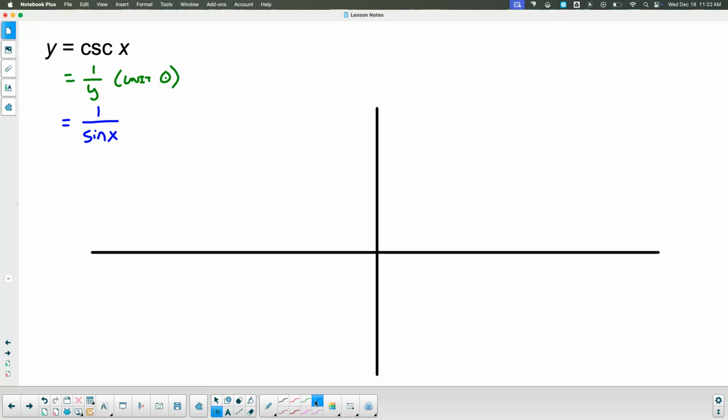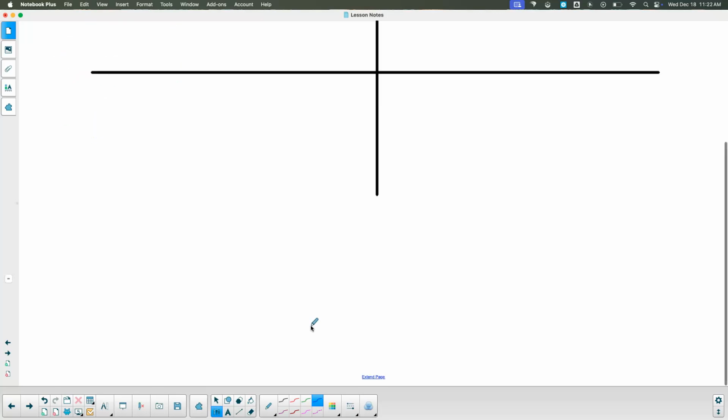Okay? Which of the easy ones do you want to start with? Unit circle one, but what values of cosecant do you want to start with? 0? Okay. Can cosecant be 0?